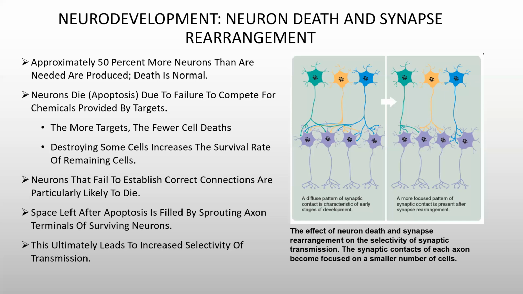But remember, there's 50% more neurons than are actually needed. Space left after apoptosis, or this programmed cell death, is filled by sprouting axon terminals of surviving neurons. And that's what we see also in the figure. This ultimately leads to increased selectivity of transmission.